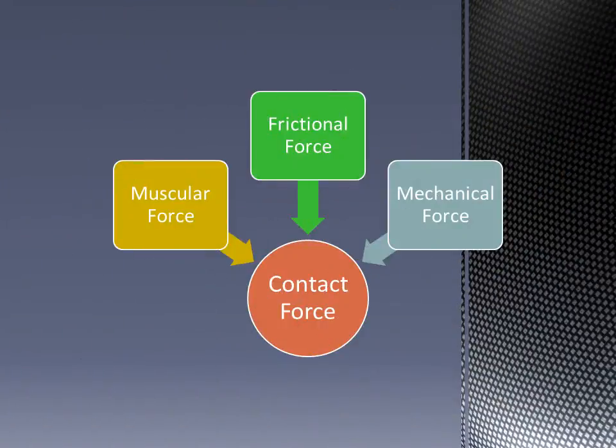Now we have classified force into two types based on their application. These two types are also divided further. First we are going to learn contact force. There are three types of contact force: muscular force, frictional force, and mechanical force.